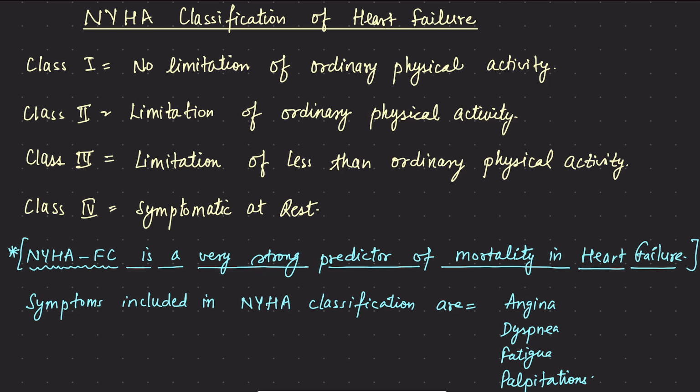There are basically four symptoms. First is angina, then dyspnea, then fatigue, then palpitations. Right. So these are the four signs or symptoms that are included in order to do NYHA functional classification.